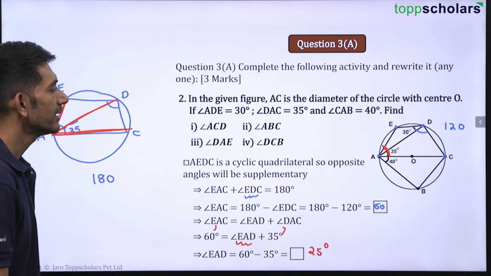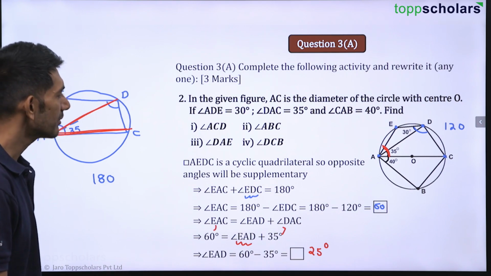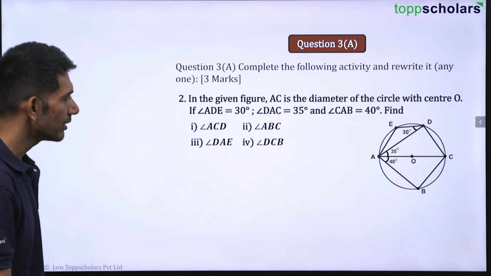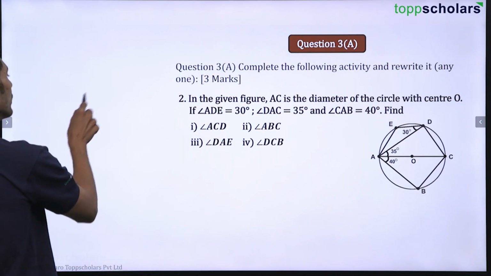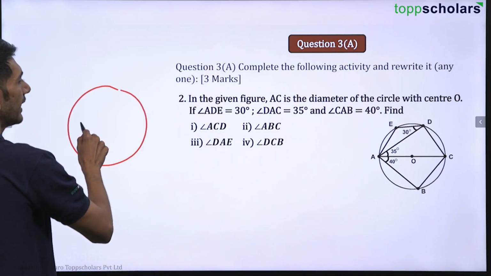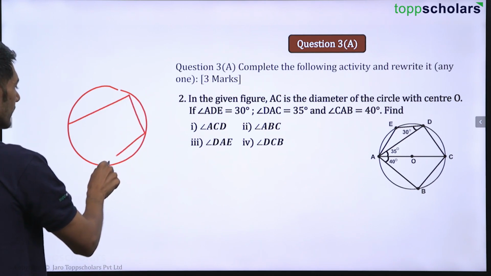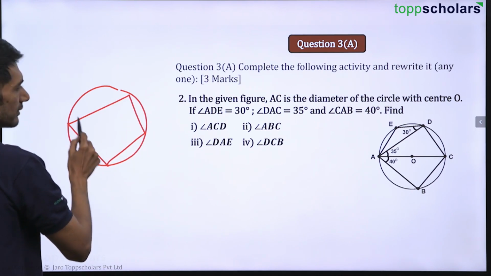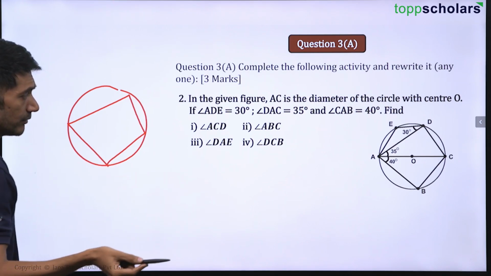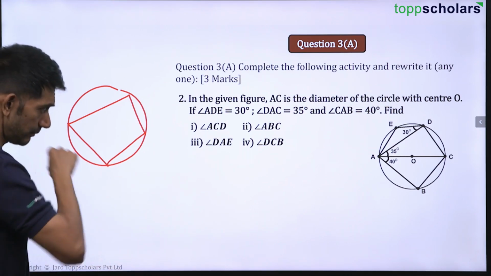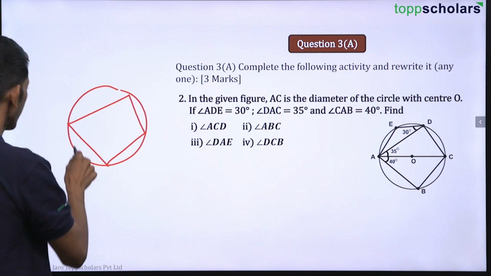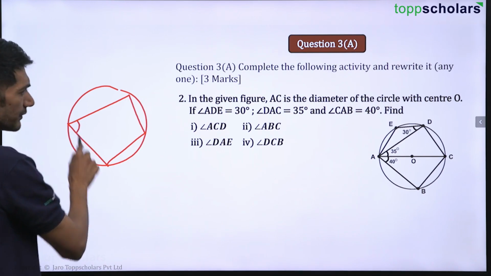Now finally, we need angle DCB, which is again very simple, because again what I'll do is, I'll take a circle, I'll take only the important quadrilateral which is needed. And this is my needed quadrilateral, correct? And then I already know this is how much?